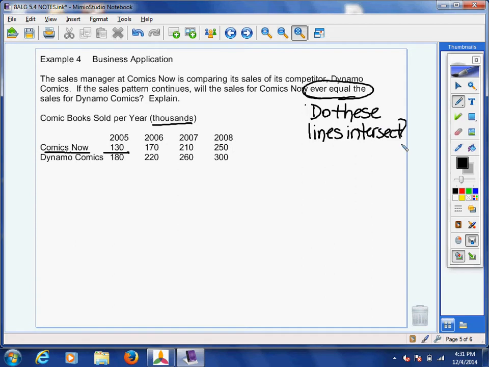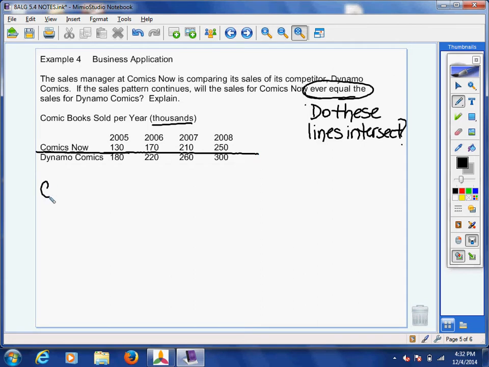If the lines intersect, then that point of intersection would be when Comics Now and Dynamo Comics are equal in sales. So now it's our job to figure out if they intersect at all. First, I'm going to divide the table up a little bit.